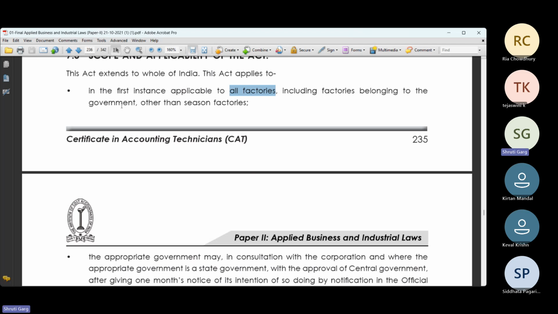All types of factories, whether private or government, but not seasonal factories. So this act will be applicable to all factories other than seasonal factories. What are seasonal factories? The question is, what are seasonal factories?